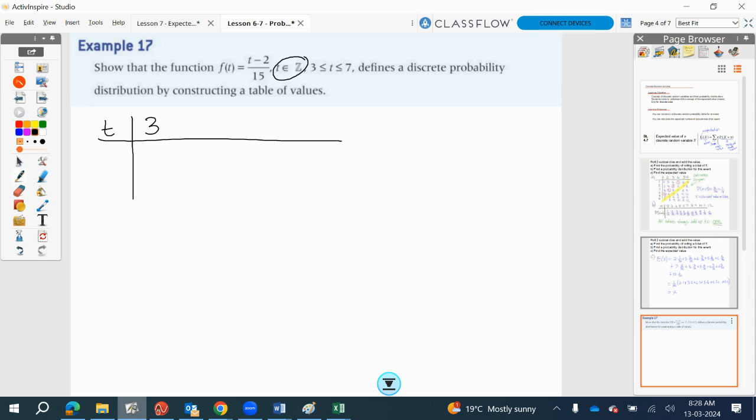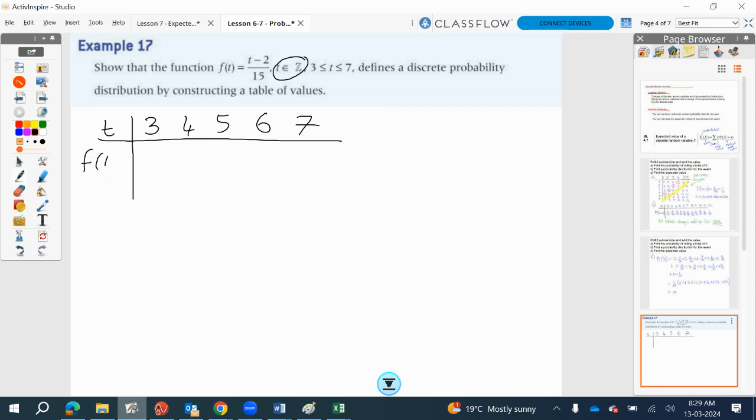T is an integer. So it can't be 3.1, 3.2, and so on. So it's discrete. So we've got 3, 4, 5, 6, and 7. And then we've got probability. Well, let's just do f of t to begin with.